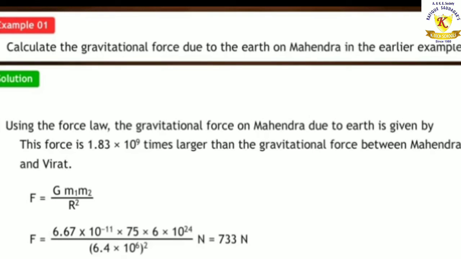F is equal to 6.67 into 10 raised to minus 11 into 75 into 6 into 10 raised to 24, the whole upon 6.4 into 10 raised to 6 the whole square N, which is equal to 733 N. This force is 1.83 into 10 raised to 9 times larger than the gravitational force between Mahendra and Virat.